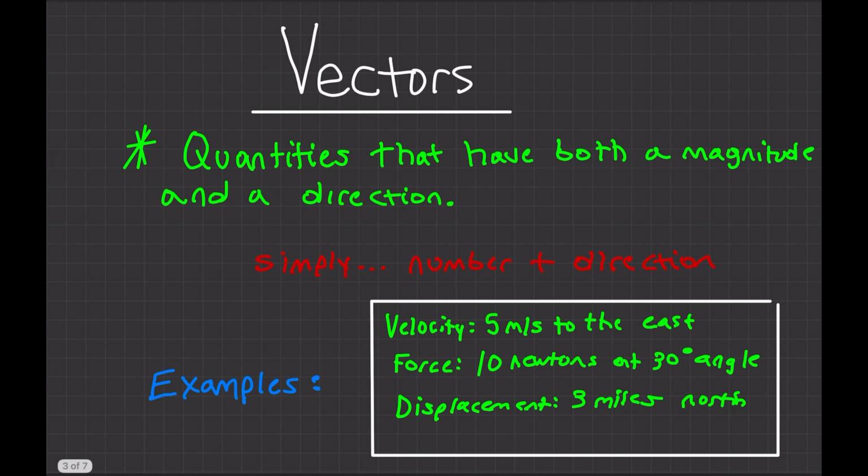So an example is velocity, 5 meters per second, 5 meters to the east. Notice here how we have a number or magnitude plus a direction, east. Next we have force. 10 newtons is the number, and then the direction, or where, at a 30-degree angle. Then we have 3 miles, which is the number, and then north, a direction.